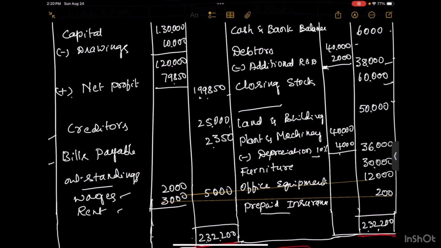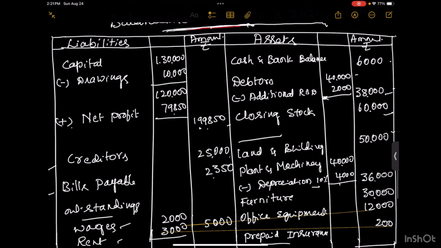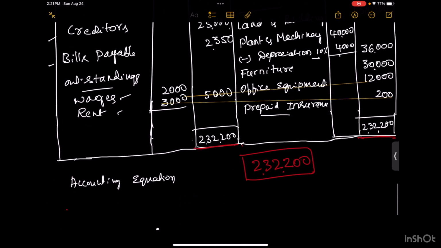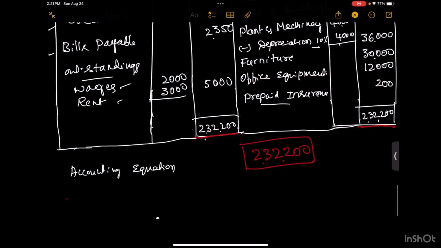When you make a total of assets, you are going to get a total amount of 2,32,200. And likewise, when you make a total of liabilities, again you are going to get 2,32,200. So both sides have the same value because we have followed the dual concept, the dual accounting concept, that is the double entry principle.